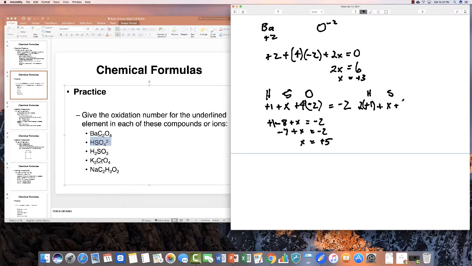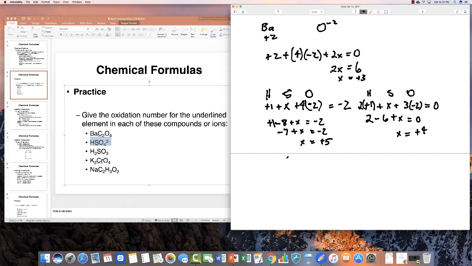And oxygen, again, there's 3 of them this time, and it's minus 2. And all of this has to add up to 0. So this is 2 minus 6 plus X equals 0. So now in this case, if you do the algebra here, you get plus 4. So here it's plus 4, and here it's plus 5.